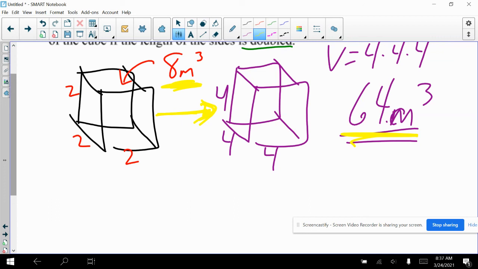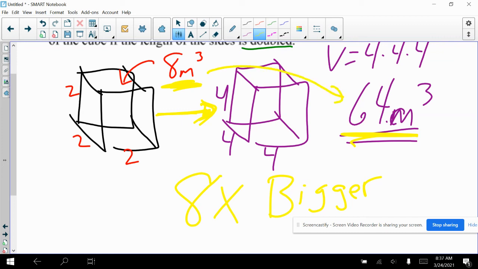Zach. No. Oh, Chen knows. The volume got 8 times bigger. Got 8 times larger just by doubling the length of the sides.